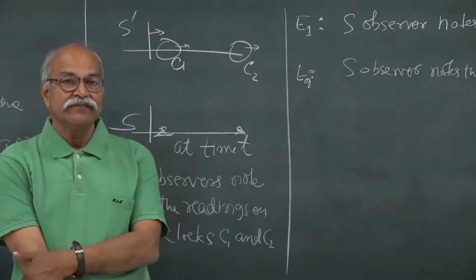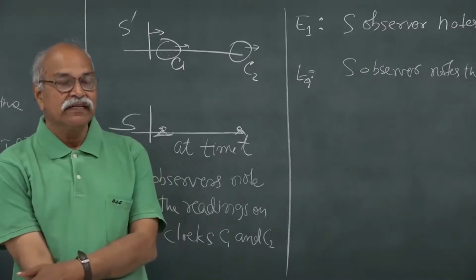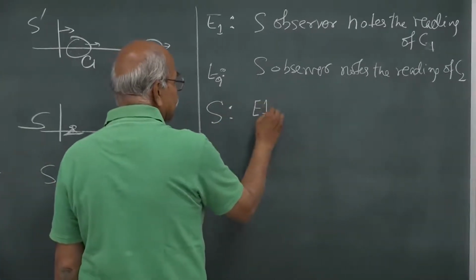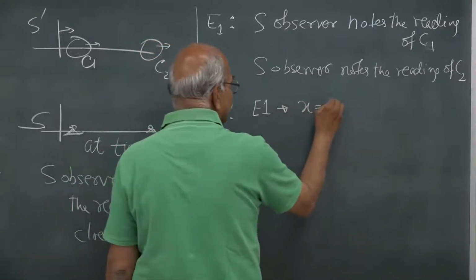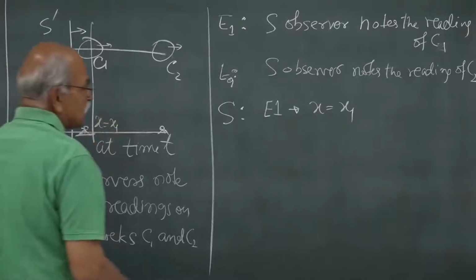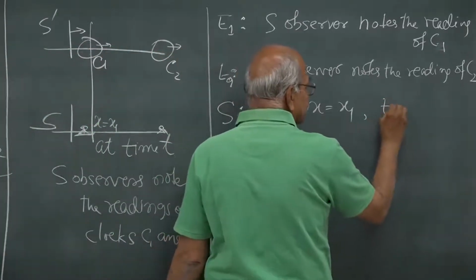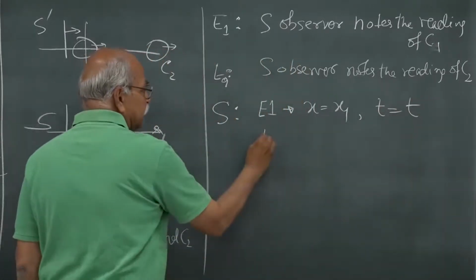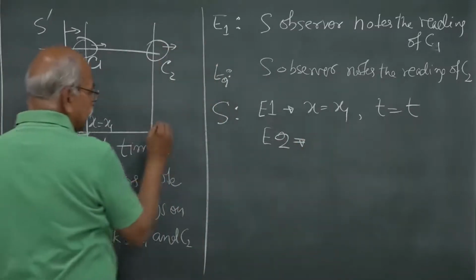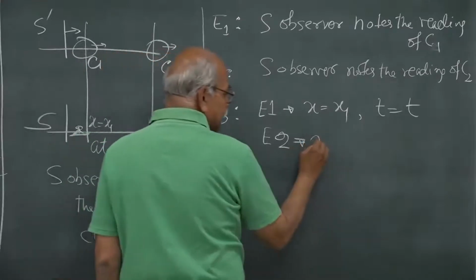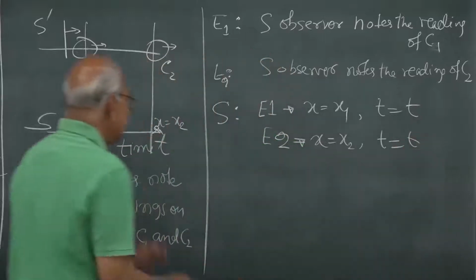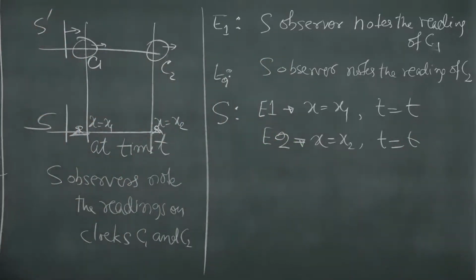Where did the event occur and when did it occur? So, from the S frame, the first event occurred at x equal to x1, and at time t. Event E2 occurred at x equal to x2, and at the same instant, they are looking at C1 and C2.